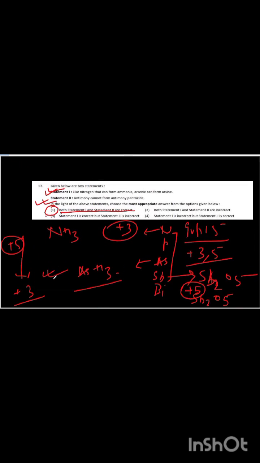So if someone thinks that Sb shouldn't form pentoxide, it should have formed Sb2O3, that is also possible, but formation of +5 cannot be stopped, especially if oxygen is present, since it is too much electronegative. So both the statements are correct.